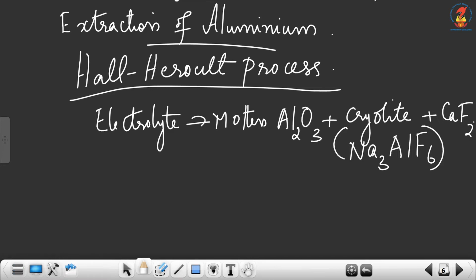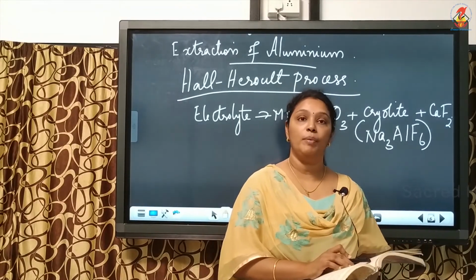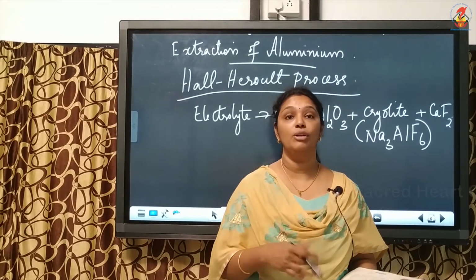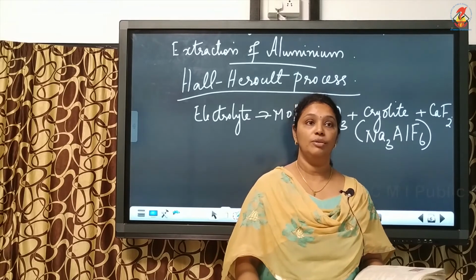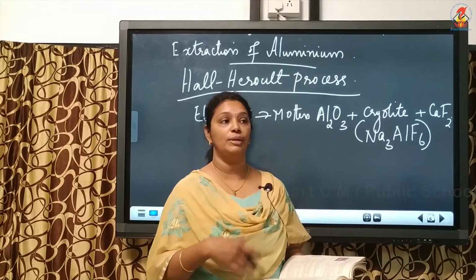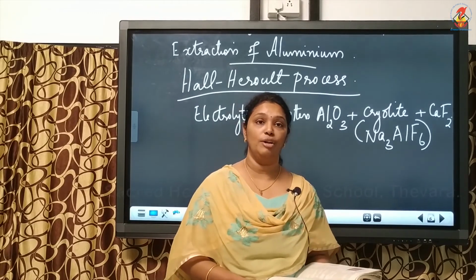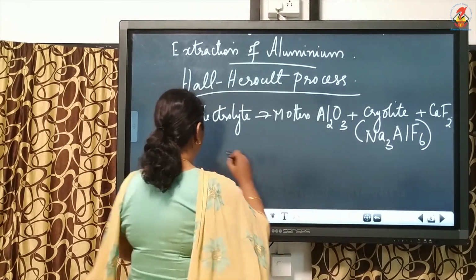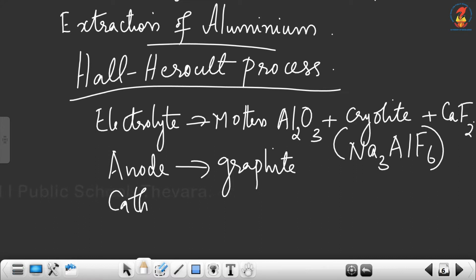Now the purpose of adding this mixture, that is Na3AlF6 and calcium fluoride, is to lower the melting point of the mixture, and it also helps to increase the conductivity of the mixture. So to lower the melting point of the mix and to increase the conductivity, we add cryolite during the extraction of aluminium. And anode used is graphite and cathode is steel.